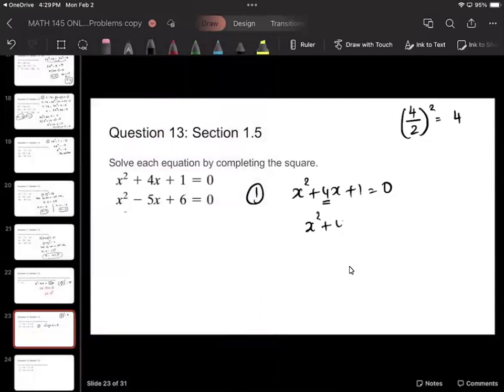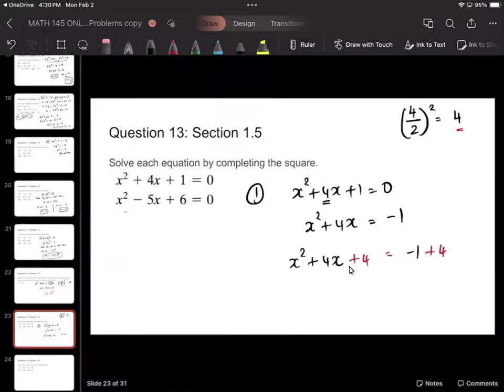Okay, I'm going to do it this way. I'm going to move the 1 over to the right. So it becomes negative 1. So then I'm going to add to both sides this 4 that we just came up with. Okay. So we are going to add to both sides this 4.